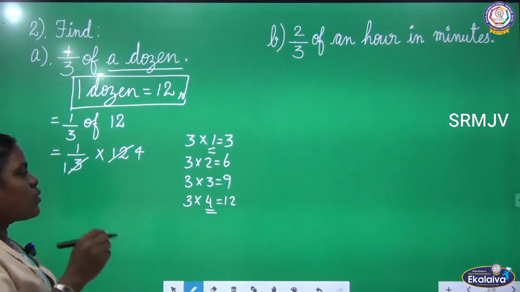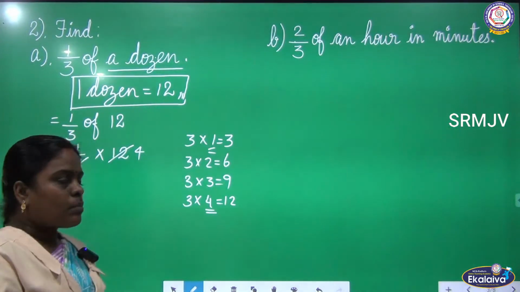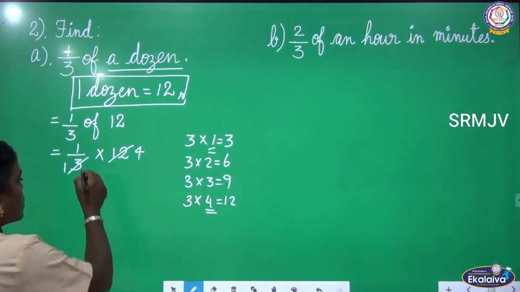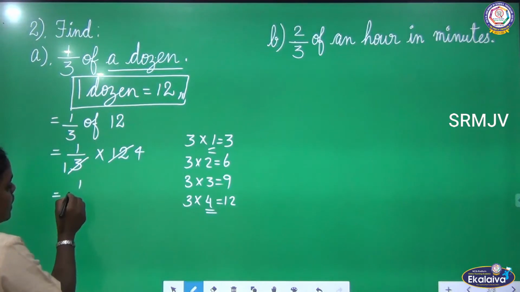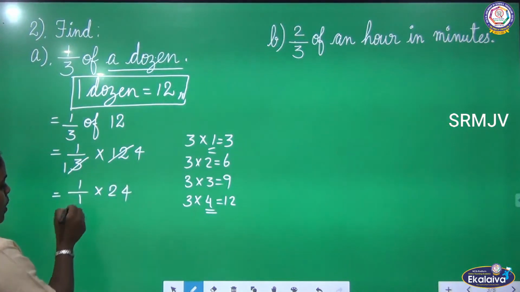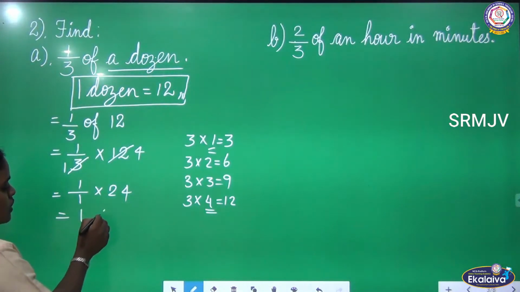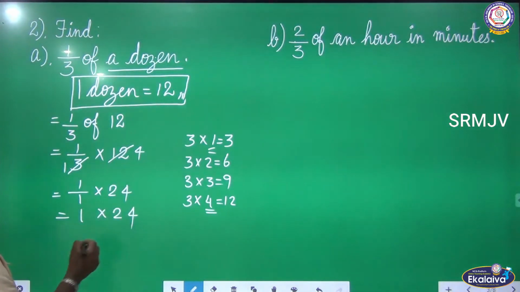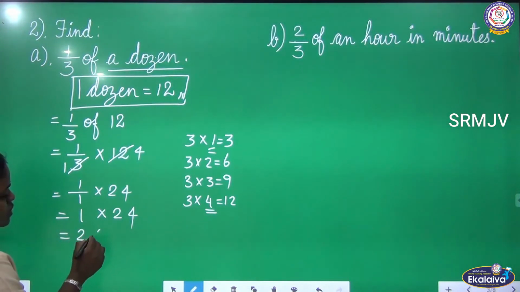Children, you have to use the same table to cancel the denominator and the given number. So here the remaining numbers are 1 by 1 and 4. 1 by 1 equals 1 and 4 you have to multiply. 1 into 4 is equal 4.